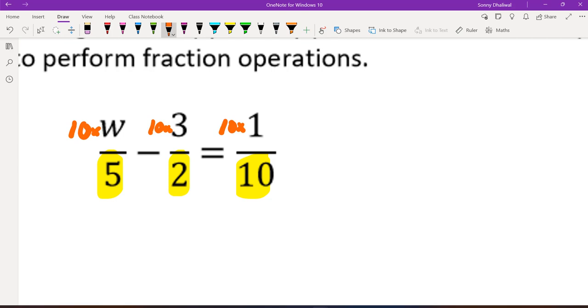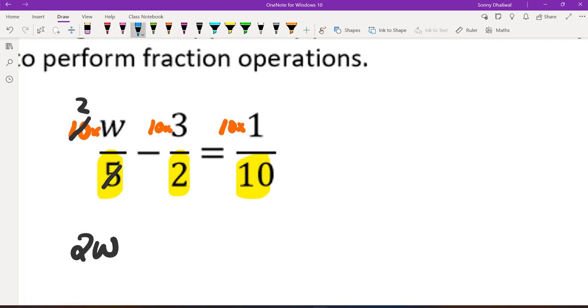So we compare our top number that we just multiplied to our denominator. How many times can 5 go into 10? 2, right? So 10 divided by 5 leaves us with a 2. So here we're left with a 2w.